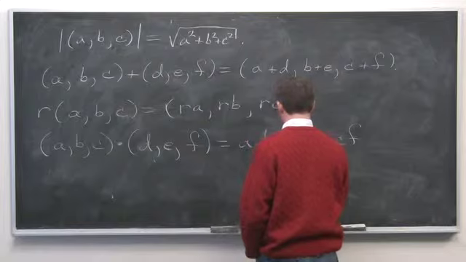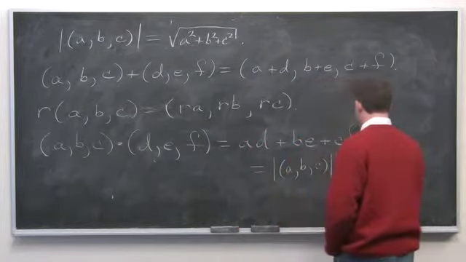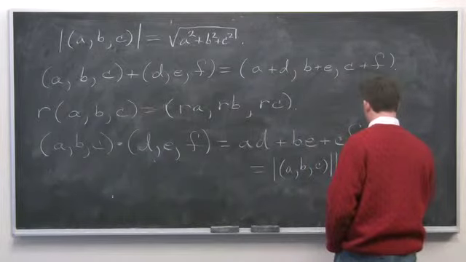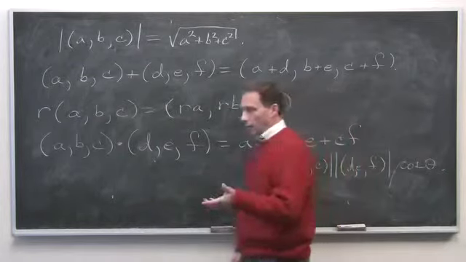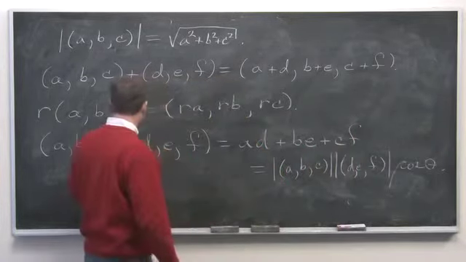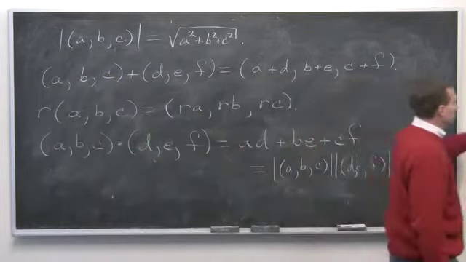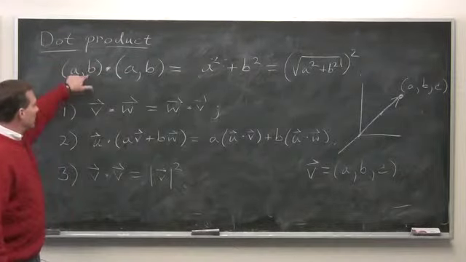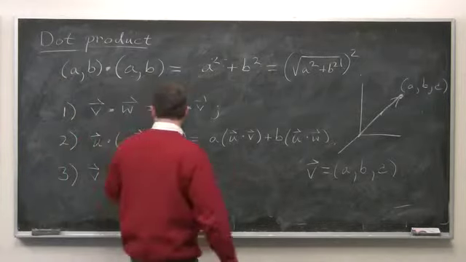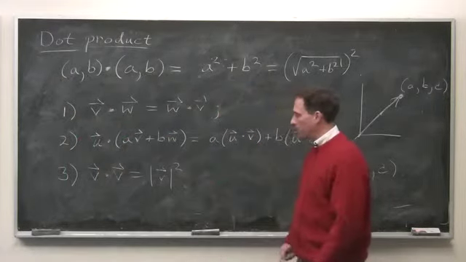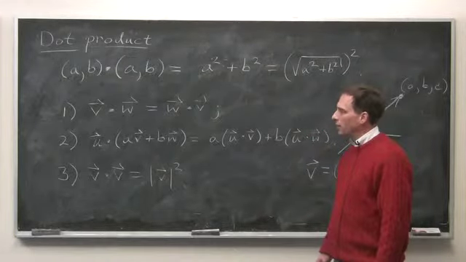This is the same as the magnitude of ABC times the magnitude of DEF times the cosine of the angle in between, where theta is the angle in between this vector and this vector. The dot product in 3 dimensions is still commutative. You still have this linearity property, and certainly the dot product of a vector with itself is the norm of the vector squared.